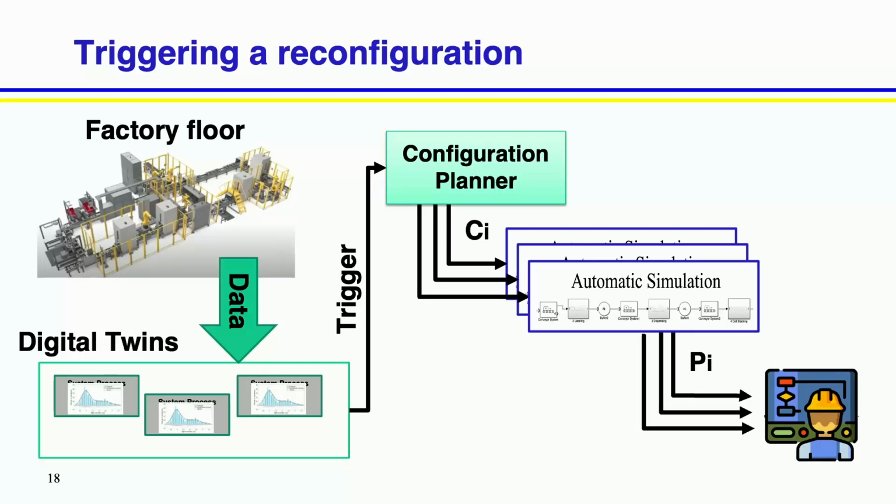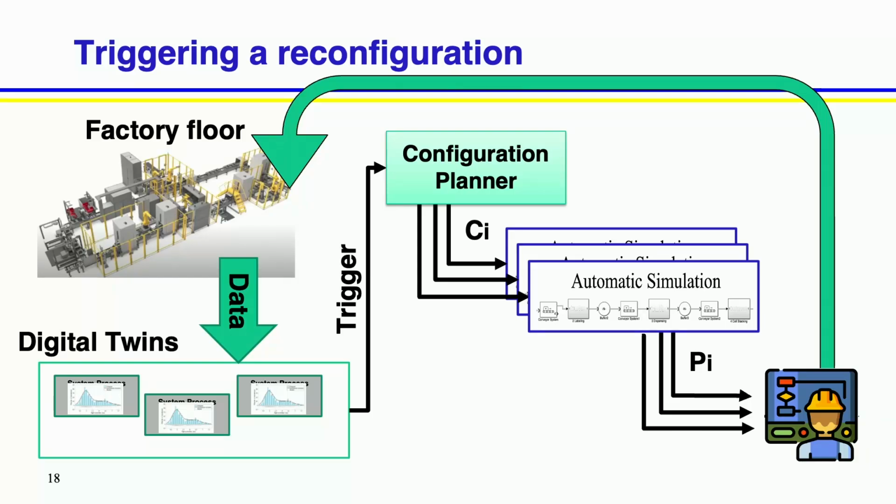And then we present the performance of those different configurations to an operator, who then can choose, I'm going to reconfigure and assign task number 3 to worker 2, et cetera. And that reconfiguration goes into the factory floor, and then we continue updating based on digital twins.